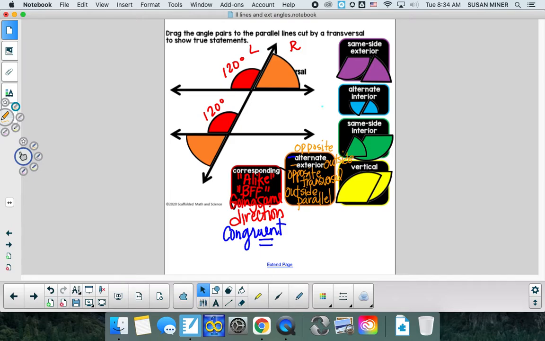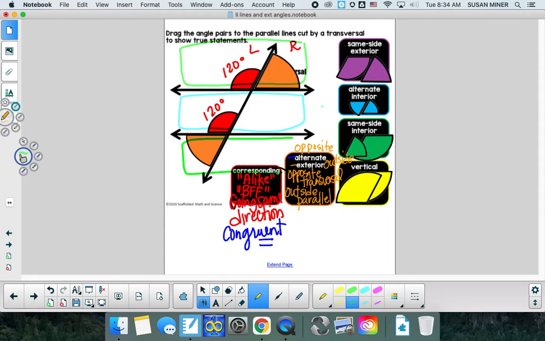Opposite sides of the transversal and outside the parallel lines. So if you're looking at these parallel lines, let's highlight here really quick. This area in between would be the inside of the parallel lines. This space out here and out here would be the outside, or the exterior, of the parallel lines.